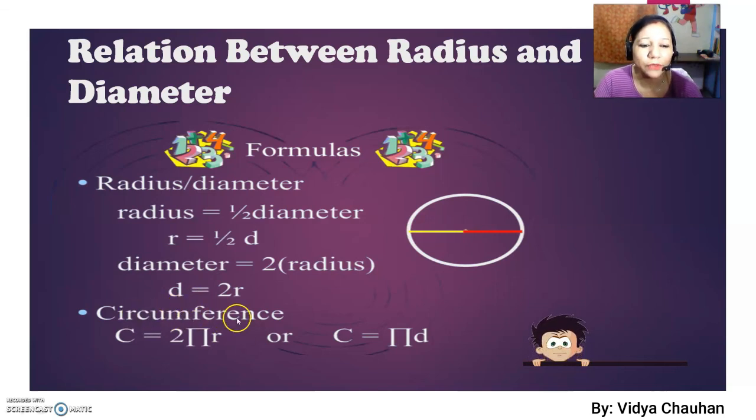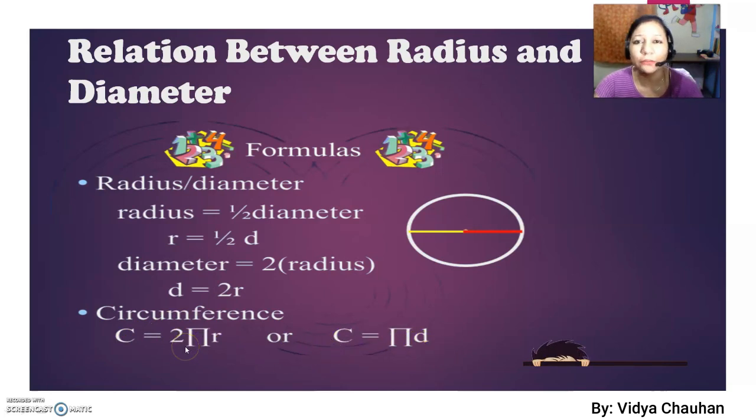Along with this, there is one more term which is called circumference. Circumference is the total length of the outer boundary of a circle. The formula for circumference is C equals 2 pi r, or you can say circumference is also equal to pi times d.